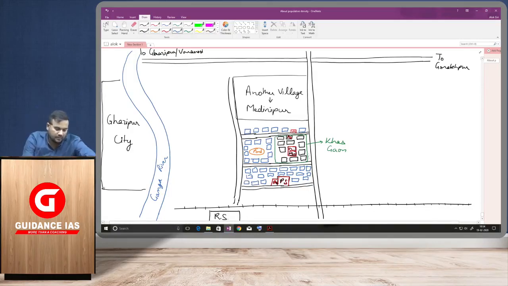So it is like this, and here there is another road which separates this from this Medinipur village. Now, very importantly, what we find here is that a number of changes have taken place. This we are talking about is the working caste zone.